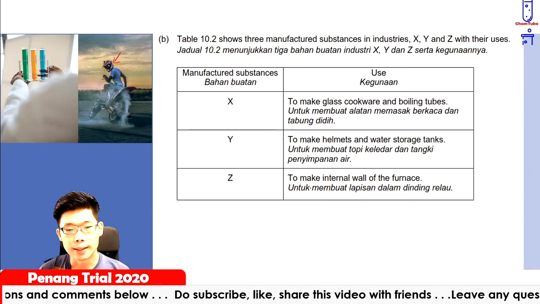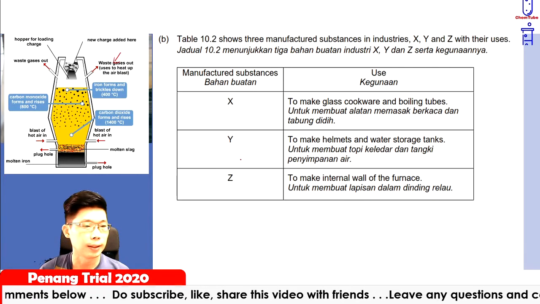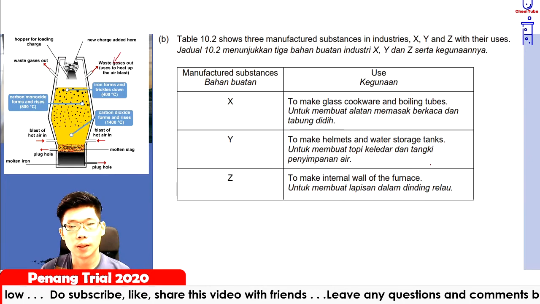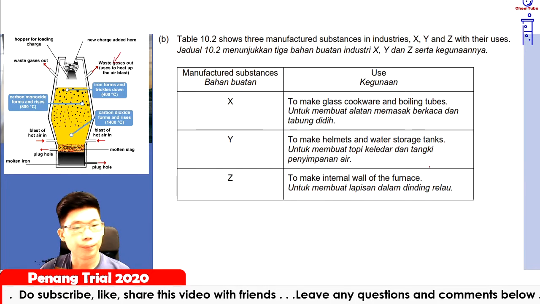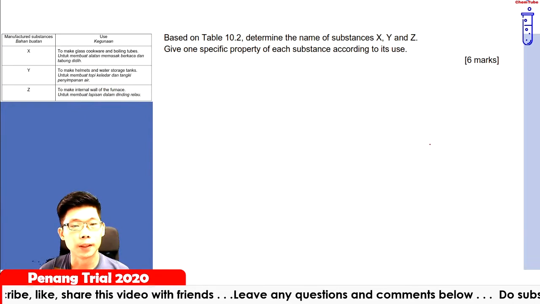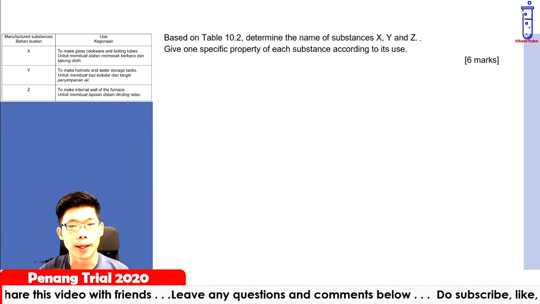Then Z is to make the internal wall of the furnace. So this is under manufactured substances. Determine the names of the substances X, Y, and Z.